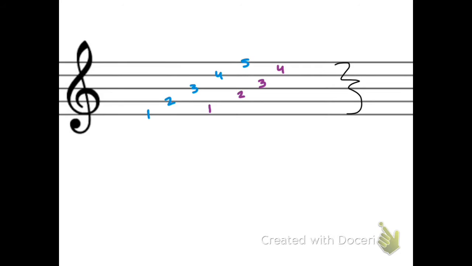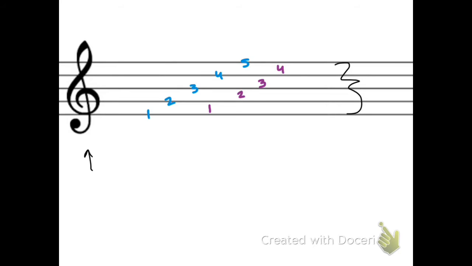It has 5 lines and 4 spaces in between the lines. Each space or line is home to one specific note, and they can't be shared. I know there are more than 7 spots on the staff. 5 lines plus 4 spaces equals 9 spots. I can put 9 music notes, which is true, but music only has 7 letters or 7 notes, so some of the notes are repeated.